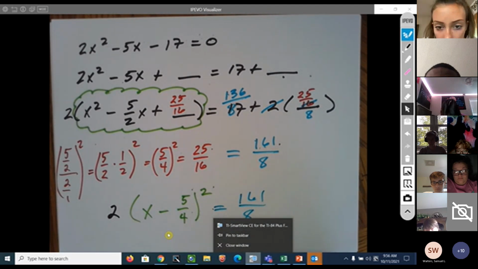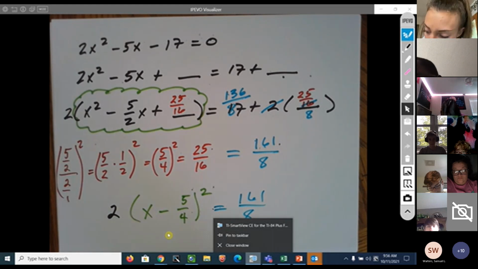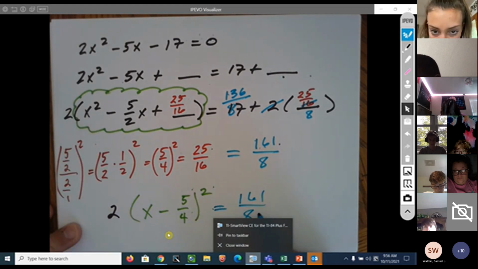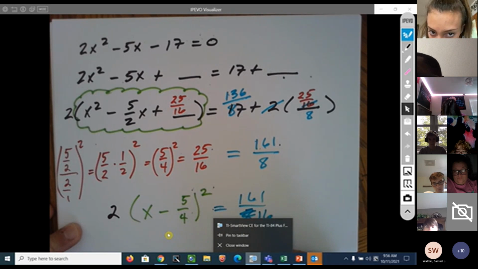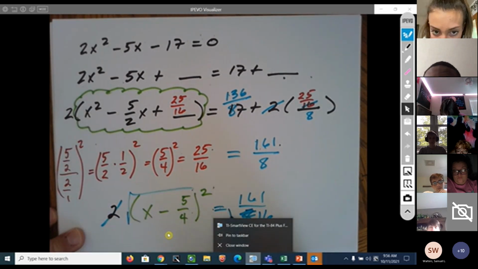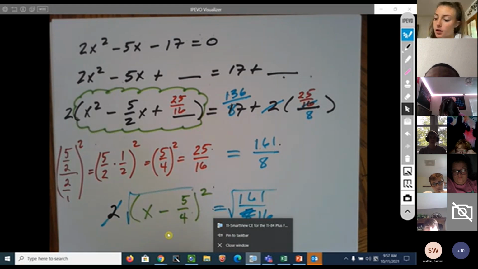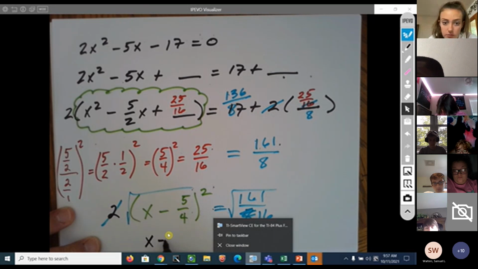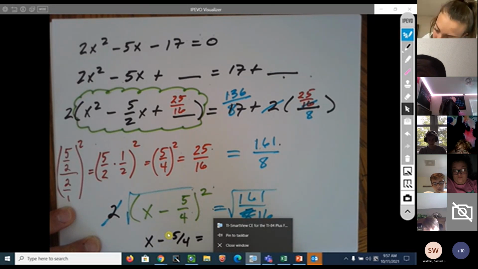I'm not going to worry about the vertex because they don't want the vertex. I think they want the x-intercepts. So multiply by 2, that's going to turn that into a 16. Take the square root of both sides. And that's going to be x minus 5/4 is equal to the square root of 161 over 4 plus 5 over 4.